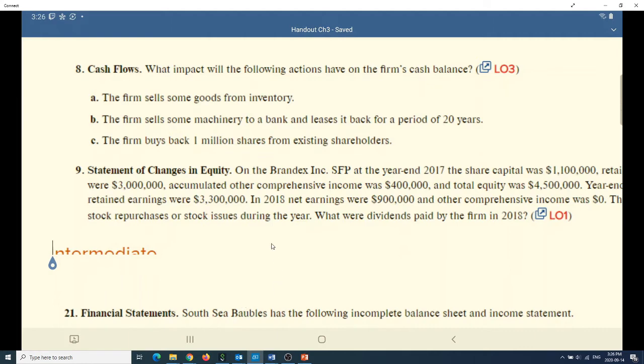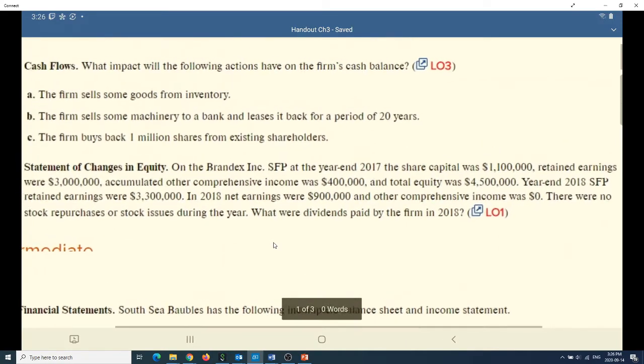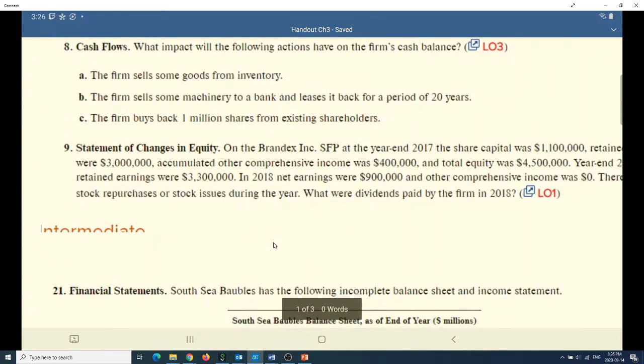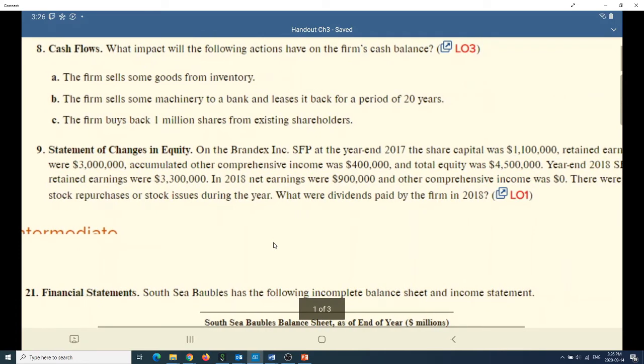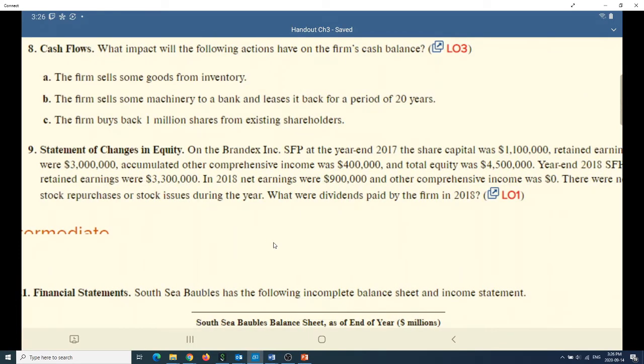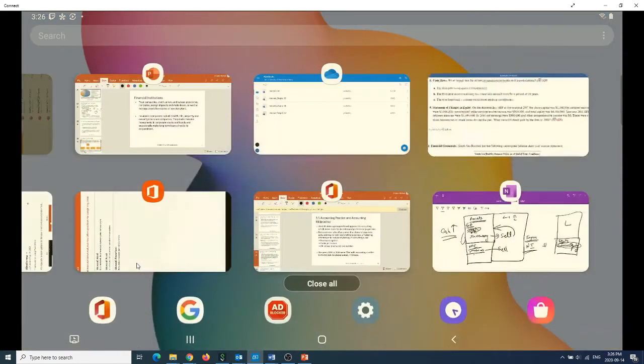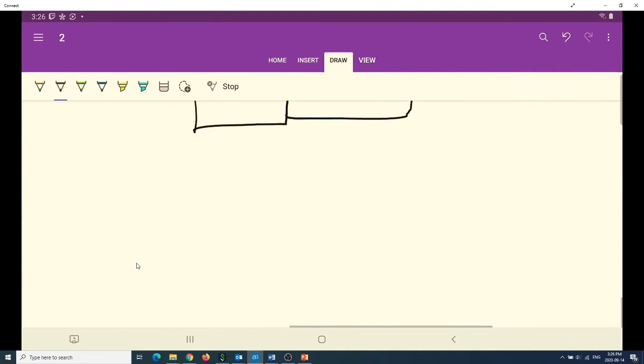Year-end retained earnings are 3.3 and so on. There's a bunch of numbers given here, and net earnings are 900. Other comprehensive income is $0. Okay, so let's start with this. Question number 9.